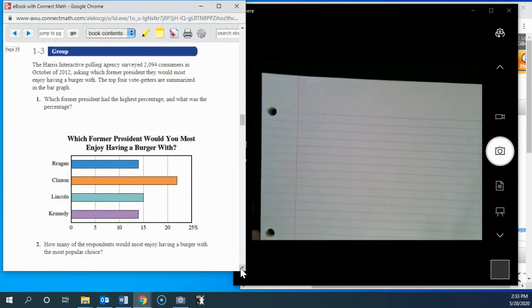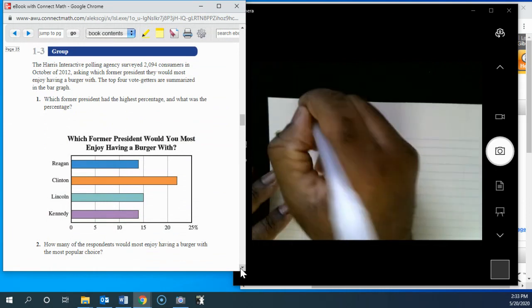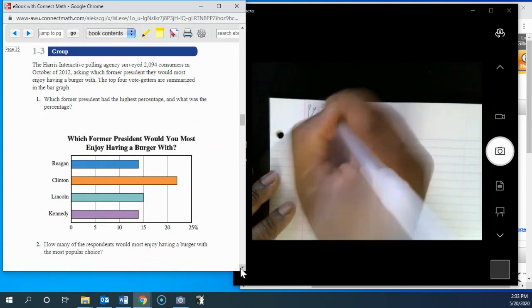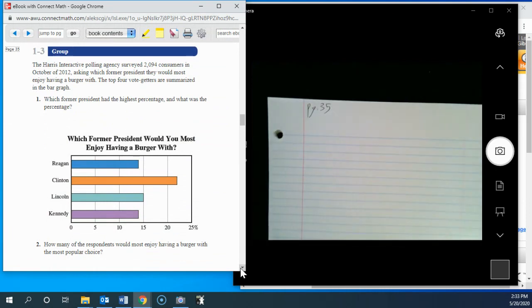Now on page 35, it says here, the Harris Interactive Polling Agency surveyed 2,094 consumers in October of 2012, asking which former president they would most enjoy having a burger with. The top 4 vote getters are summarized in a bar graph. Which former president had the highest percentage, and what was the percentage?